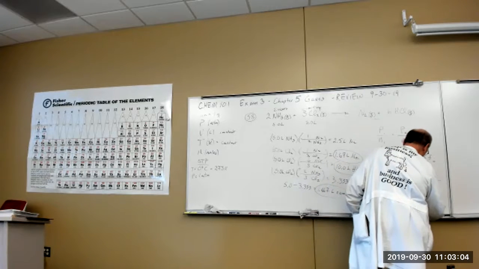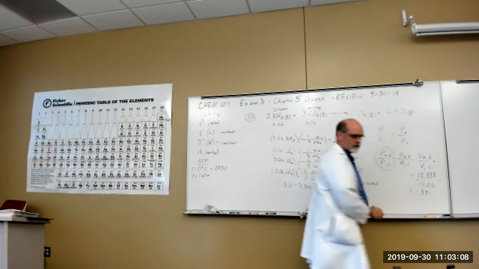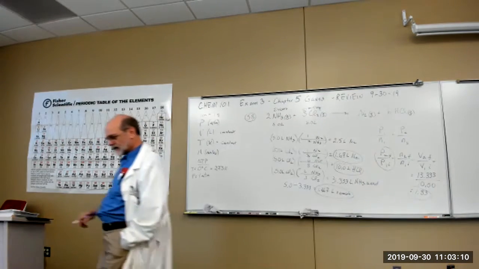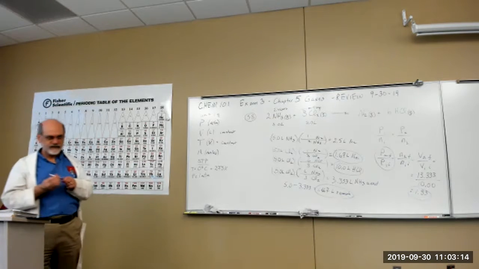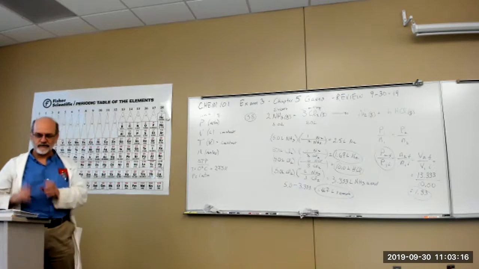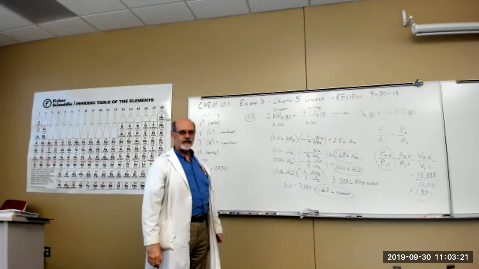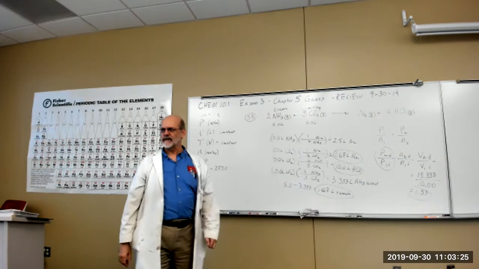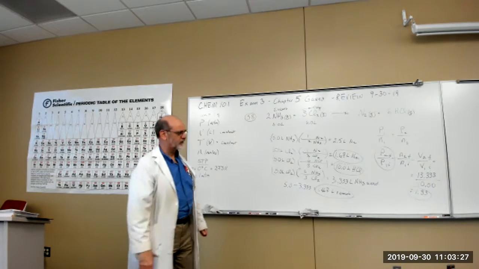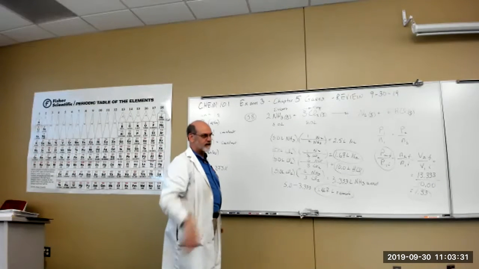Oh, so that's 1.33 is the ratio. Now, did I get it right? Good. It's always good when I come up with the same answer that's on the key. Now, did I lose anybody? We've done limiting reactant, haven't we? Okay. I'll be sure we've covered these concepts before I start throwing them at you again.